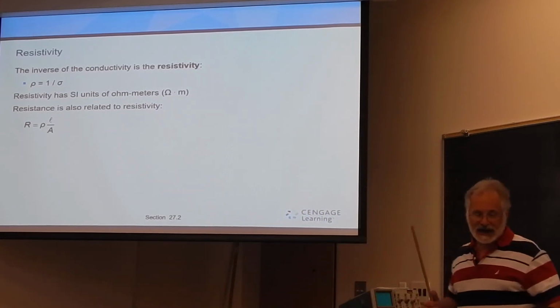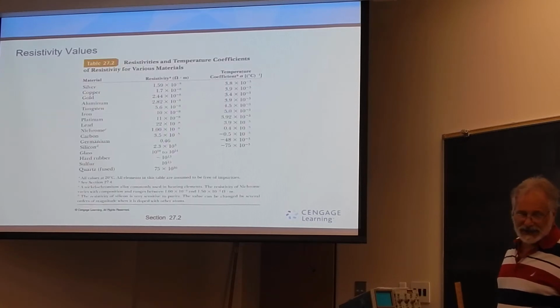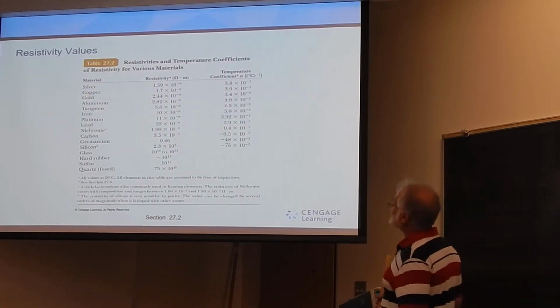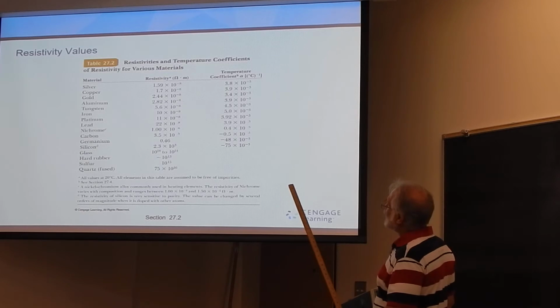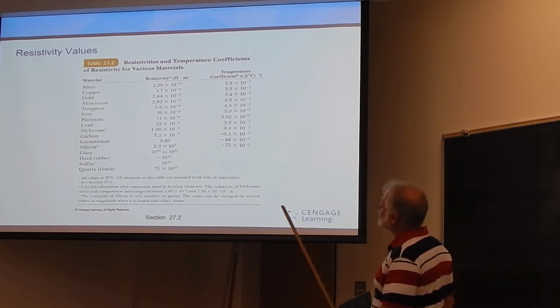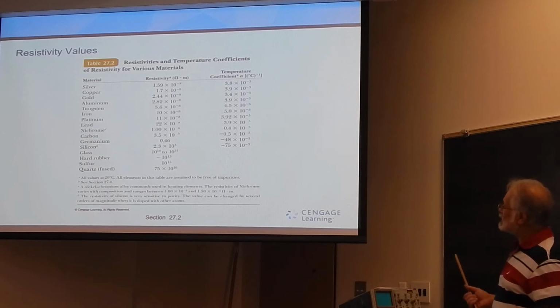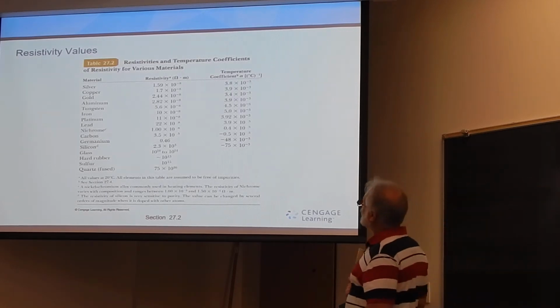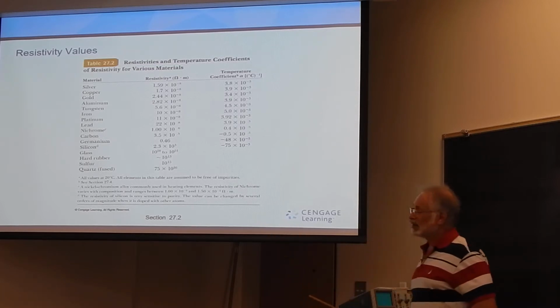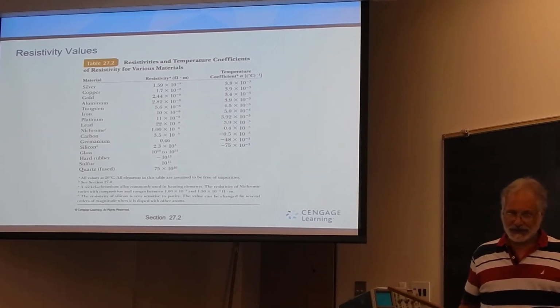Resistivity is a characteristic of a material, and we can see a table of resistivities here. You see that metals like silver, copper, gold, tungsten, and platinum have very low resistivities. Things like rubber or glass would have a much higher resistivity.